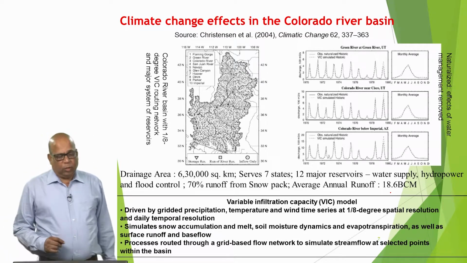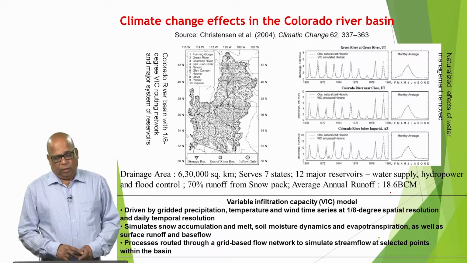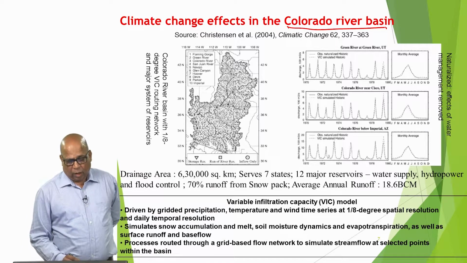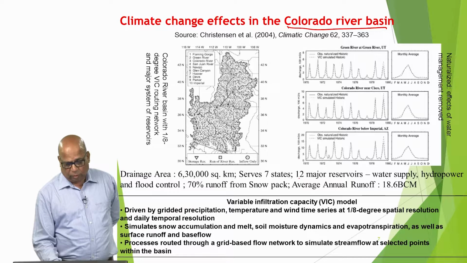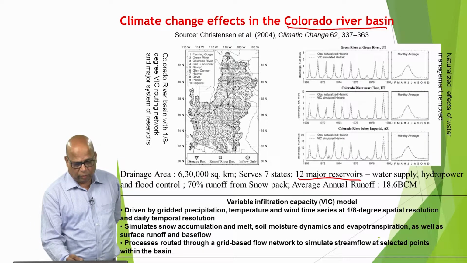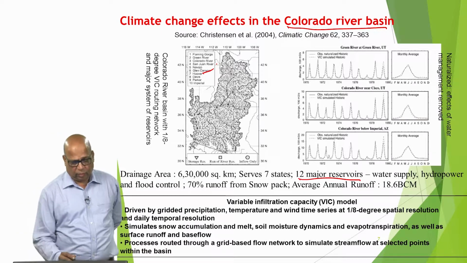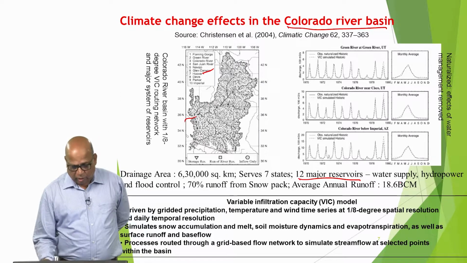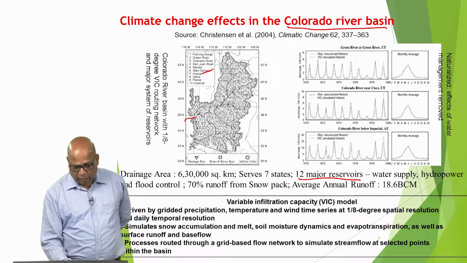One of the most significantly studied river basins is the Colorado River Basin in the US, and this has 12 major river reservoirs. For example, the famous Hoover Dam is here, number 7, and then that is here. You also have 7 states.